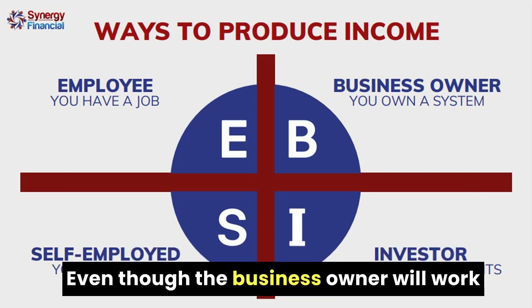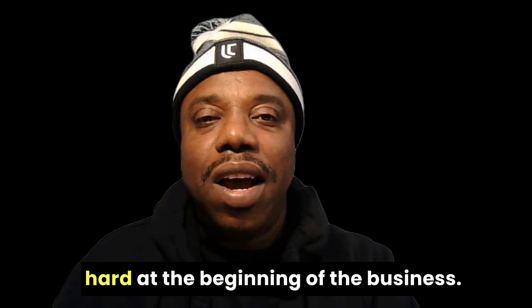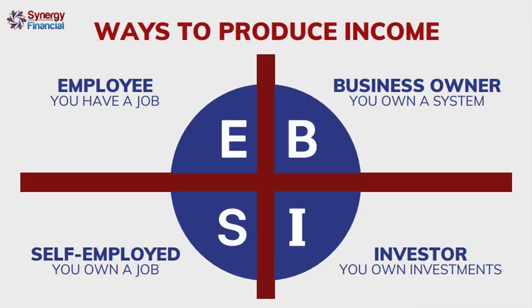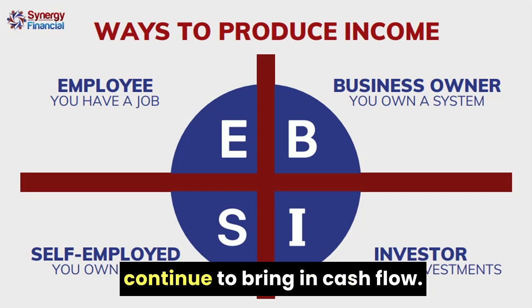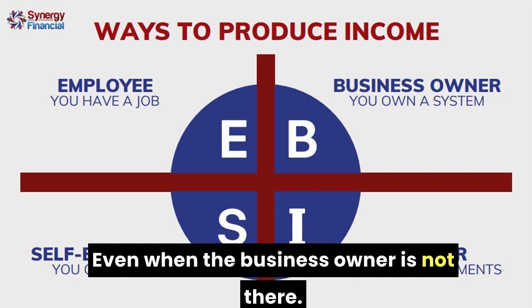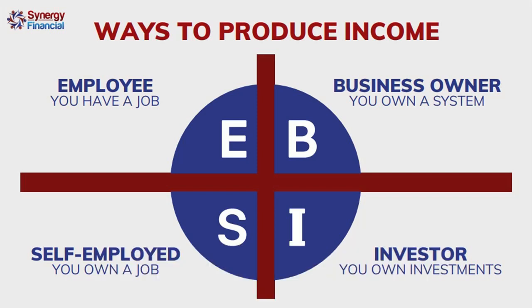Even though the business owner will work hard at the beginning of the business, by the time the business grows, it will continue to bring in cash flow even when the business owner is not there.